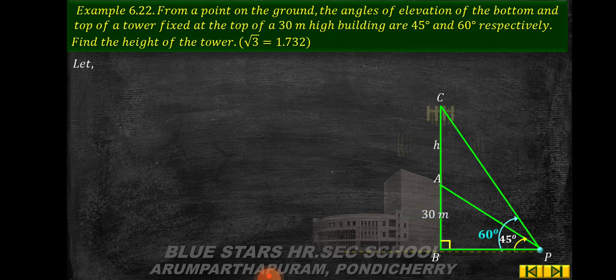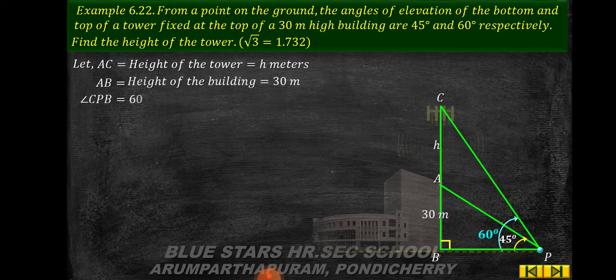The first triangle: we are considering the whole triangle, that is AC is the height of the tower, which is equal to H meter, and AB is equal to height of the building is equal to 30 meter, and angle CPB is equal to 60 degree, and angle APB is equal to 45 degree. In triangle APB, we are choosing the lower triangle APB.